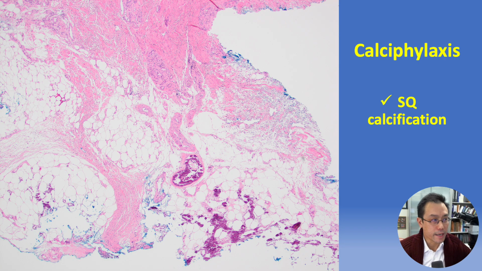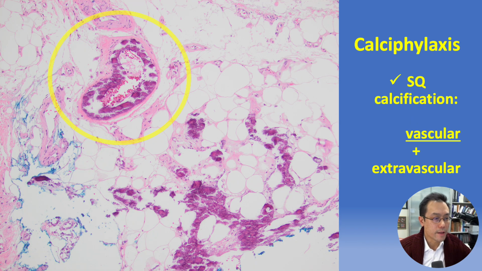Calcification is typically vascular, but may additionally be extravascular, the vascular calcification being far more specific. Nevertheless, in the proper clinical setting, the presence of extravascular calcification alone represents a clue to the possibility of vascular calcification elsewhere.